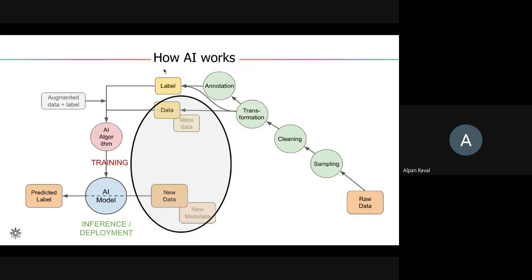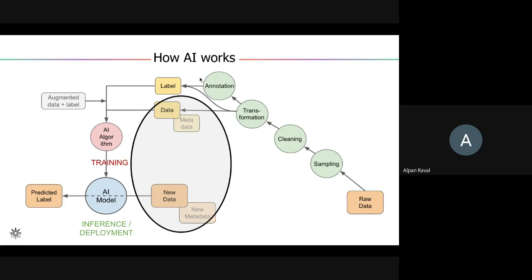Don't worry about metadata and augmented data and so on. Essentially, data plus labels are fed into an AI algorithm, which goes through a training process where it learns to map the data to the label, and the output of that training process is an AI model. An AI model is then deployed.